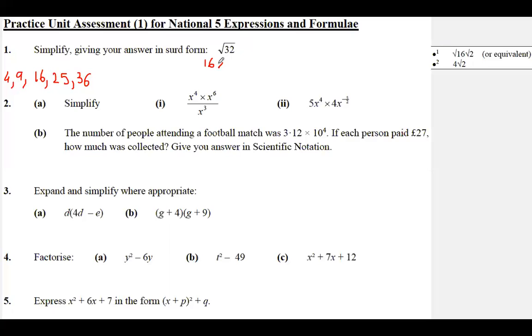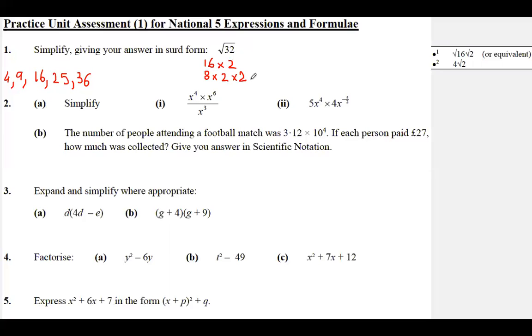So 16 times 2 is 32, and you see it straight away. If you hadn't seen it, you would say 16 is 8 times 2. So you just look for the common factors, then just find the highest square number.